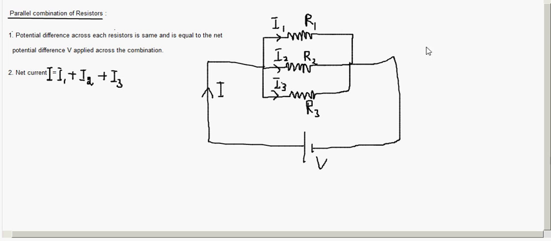Now let R be the net resistance of the circuit. We can write I1 is V by R1. Similarly, I2 is V by R2, and I3 is V by R3.